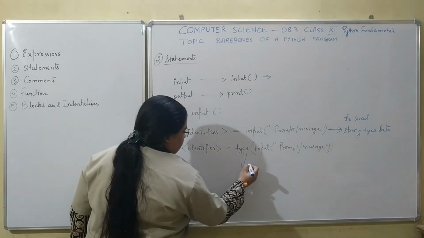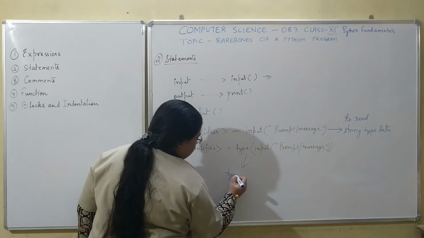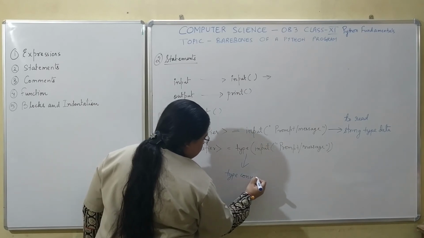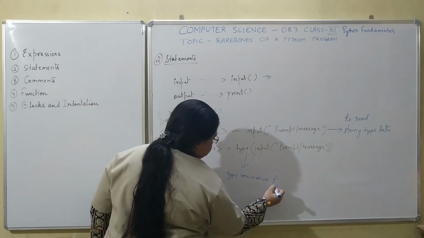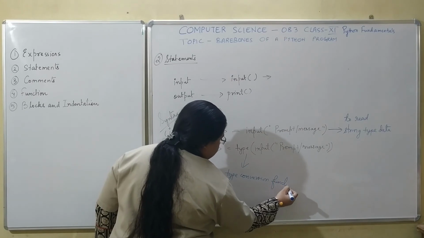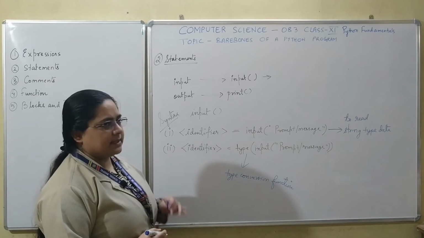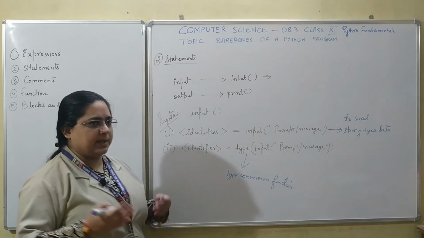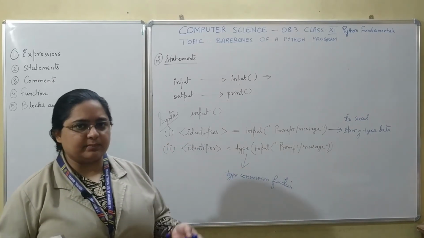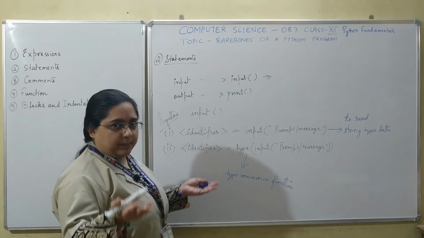In the second case, we will be using a type conversion function over here. Why? Because if we need to enter any value which is other than string, like for example it could be integer, float, complex, boolean, list, tuple, dictionary.